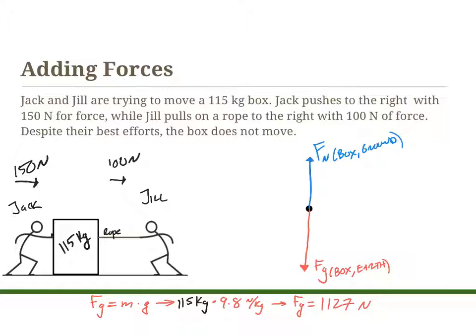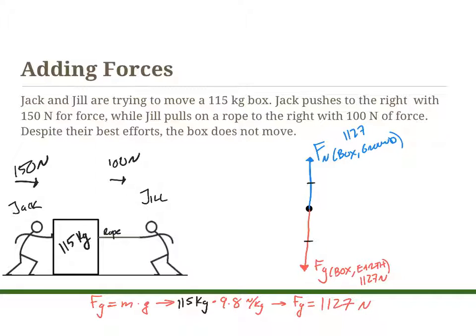Now, in this case, if the force of gravity is equal to 1,127 newtons, we have to assume that the normal force is also 1,127 newtons. So I'm going to give a tick here and a tick here, showing congruency.